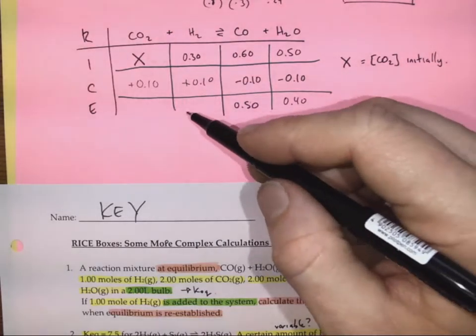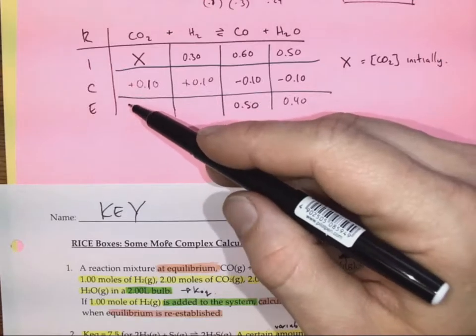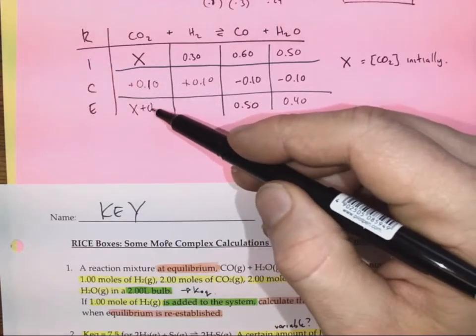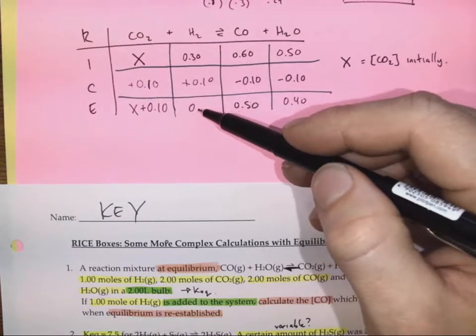So that means I'll have a concentration of x plus 0.1 and 0.40.